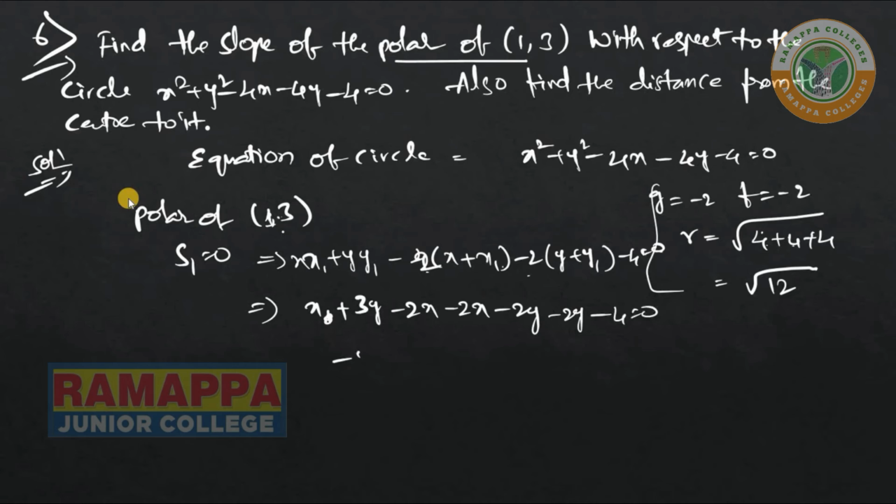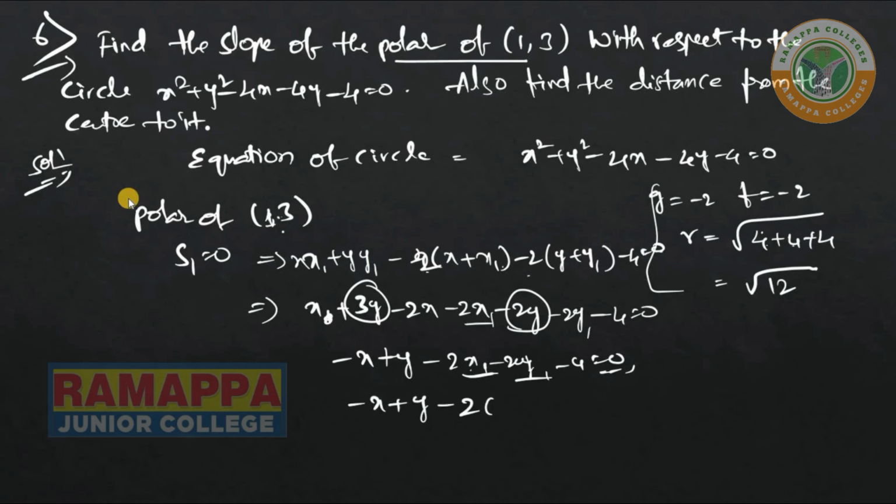Substituting the x1, y1 values, we get minus x plus y minus 2 into 1 minus 2 into 3 minus 4 is equal to 0.